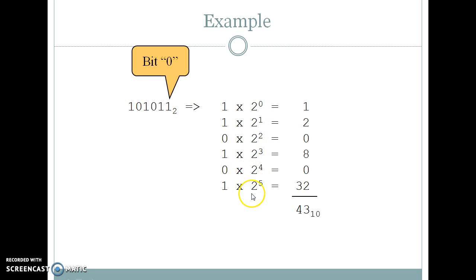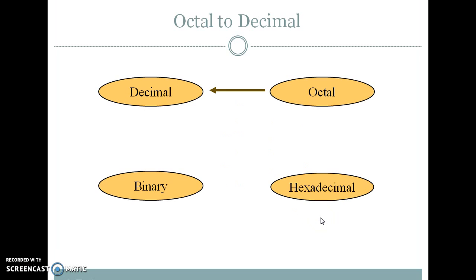Here we have taken 2, that is the base of the number which we have to convert. And we get these answers and finally add. This is 43 in the decimal number system. So 101011 is equivalent to 43 in the decimal number system.